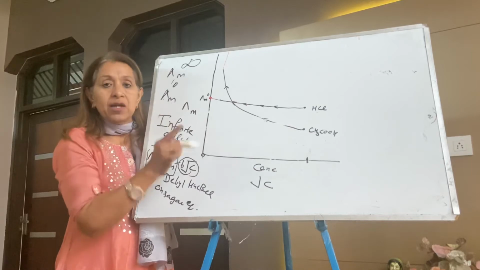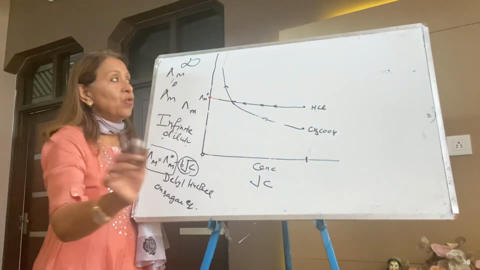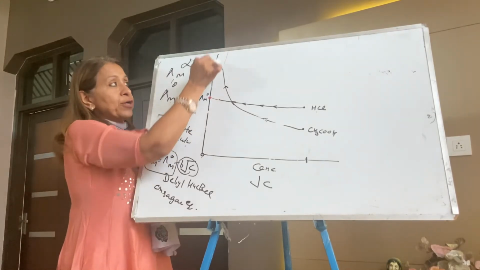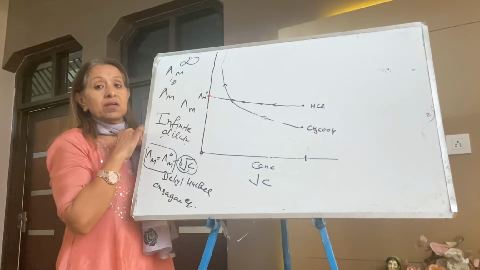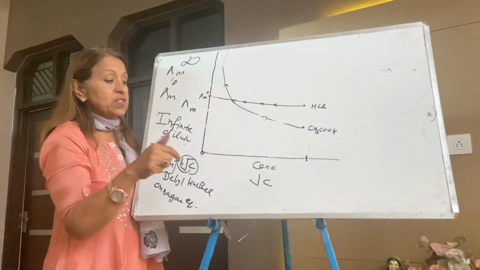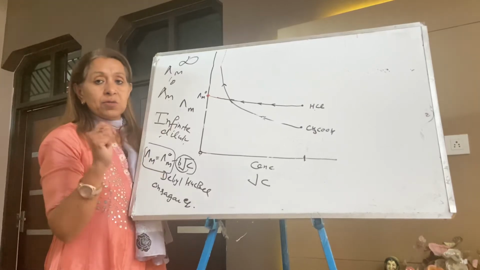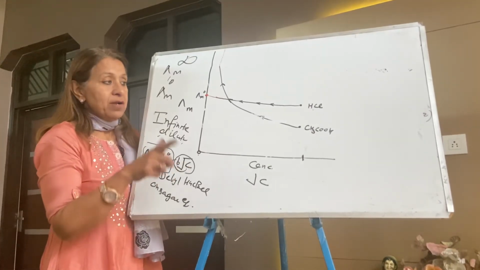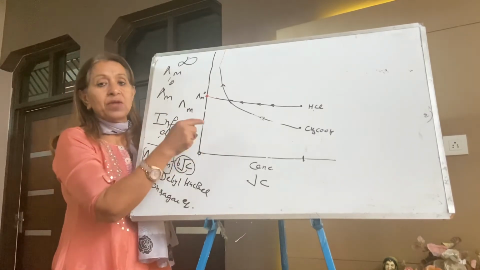So what is the drawback of this graph? We can never calculate the lambda m naught of the weak electrolyte. There was a question this year, in 2020, in the exam: why is it not possible to calculate lambda m naught of the weak electrolyte from the graph?